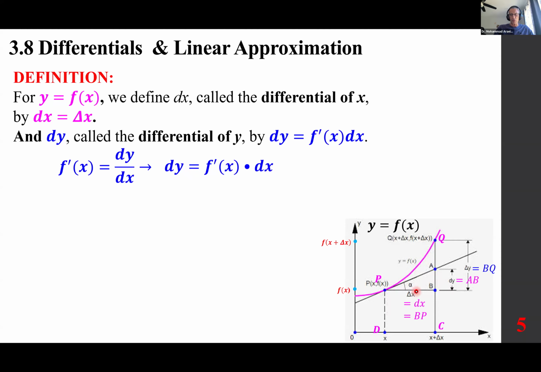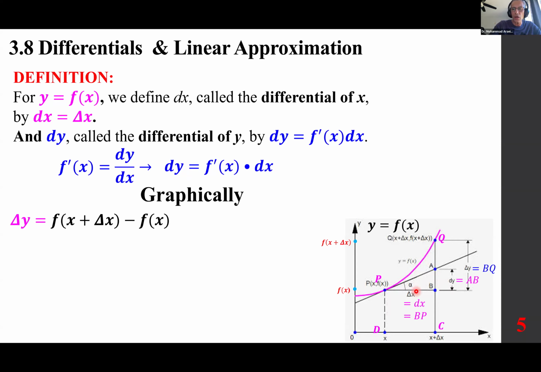Now, as it was mentioned, what does it mean graphically? If we look at delta y, which is the rise along the curve, it is f of x plus delta x minus f of x. Bear in mind, this one is f of x plus delta x. That means this distance. f of x means this distance. Rise along the curve. So this is the rise.